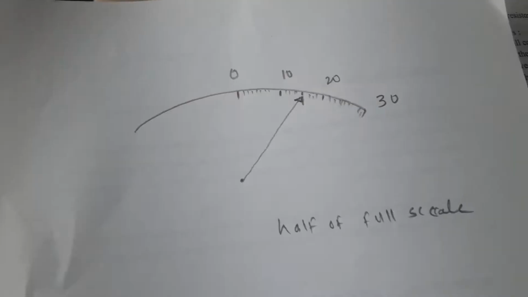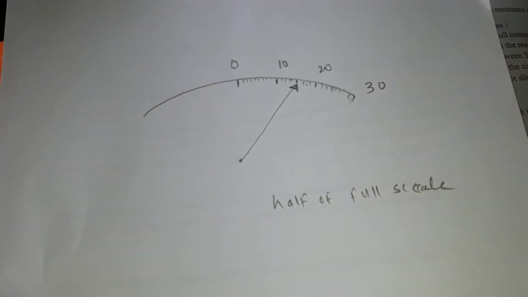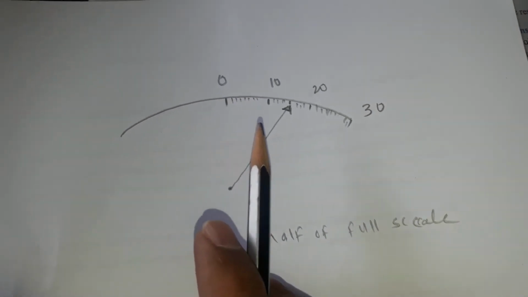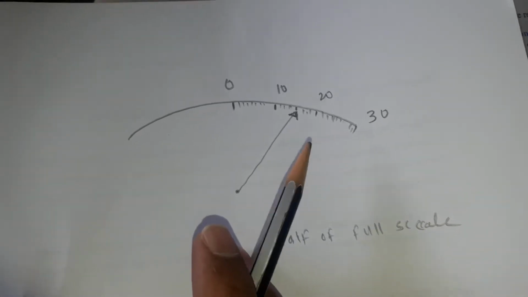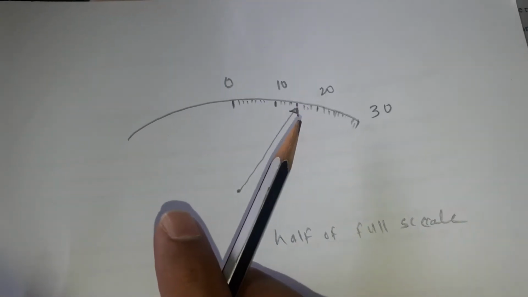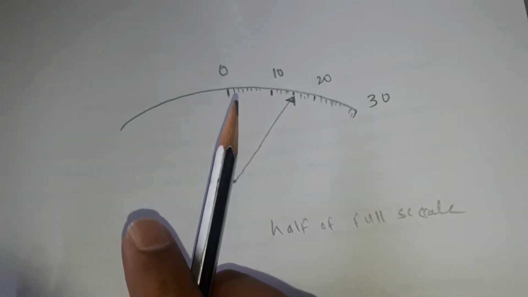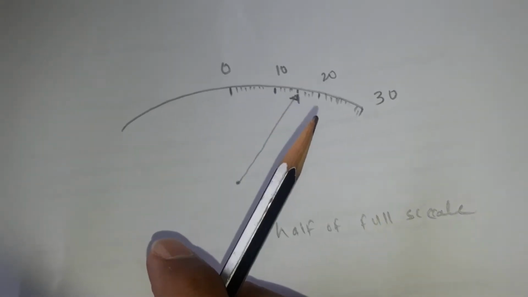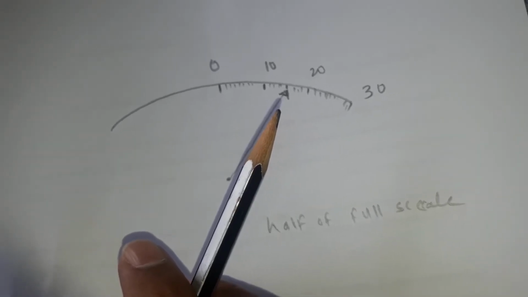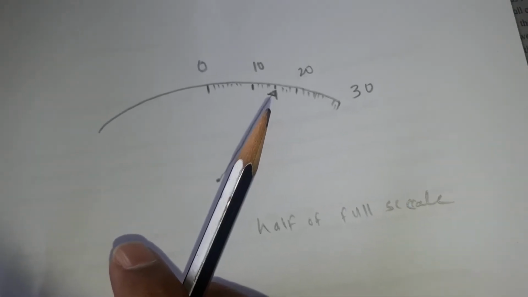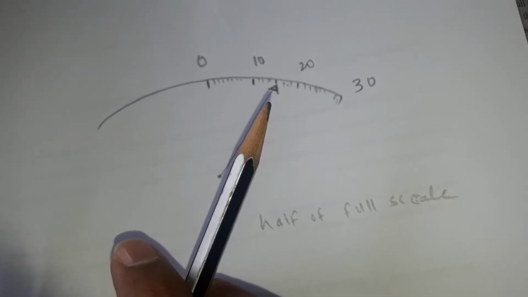The pointer will deflect towards the left side of 15 and towards the right side of 15. And for the balancing point, the pointer must be on 15. So 15 is considered as the zero for the balancing point.